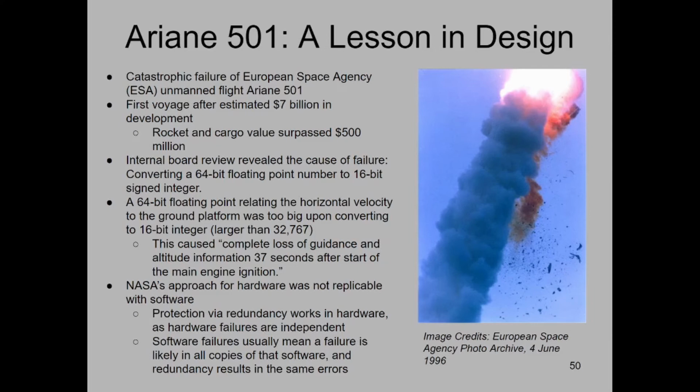Approximately $7 billion in development and $500 million in raw costs just to get this flight going, including everything in the cargo bay, the rocket, the fuel, all proceedings. It gets about halfway to orbit before, like you can see in the picture, it erupts and explodes violently in the air, demolishing all the cargo inside and having all this debris rocket towards the ground.